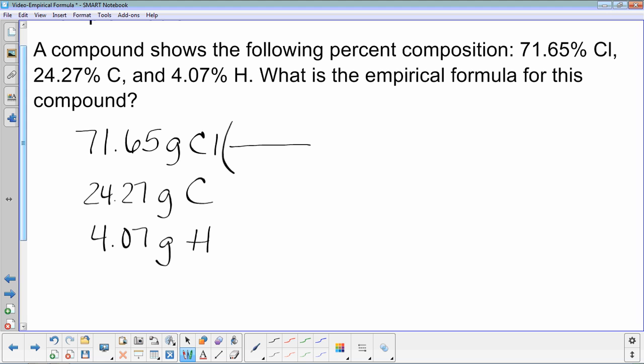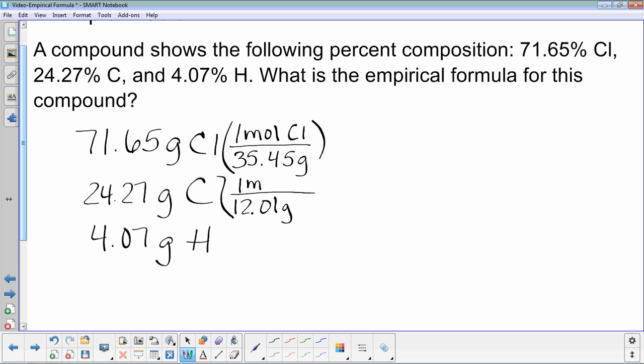So we're going to divide the number of grams of chlorine by 35.45 grams to get 1 mole of chlorine. You've divided carbon by 12.01 grams to get 1 mole of carbon. And you've divided hydrogen by 1.01 grams of hydrogen to get 1 mole of hydrogen.